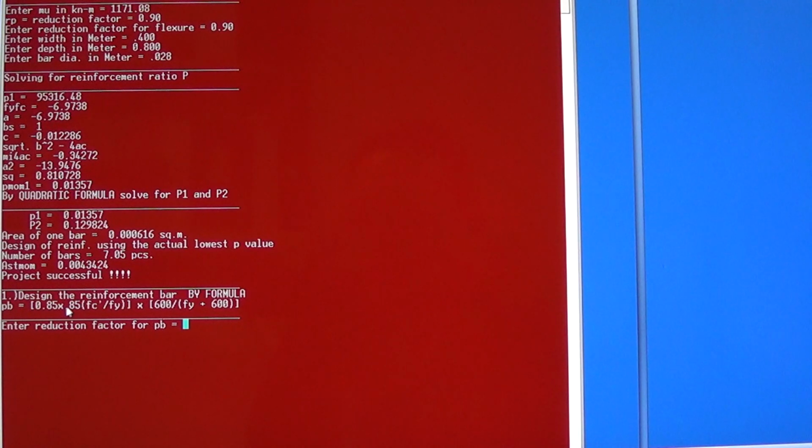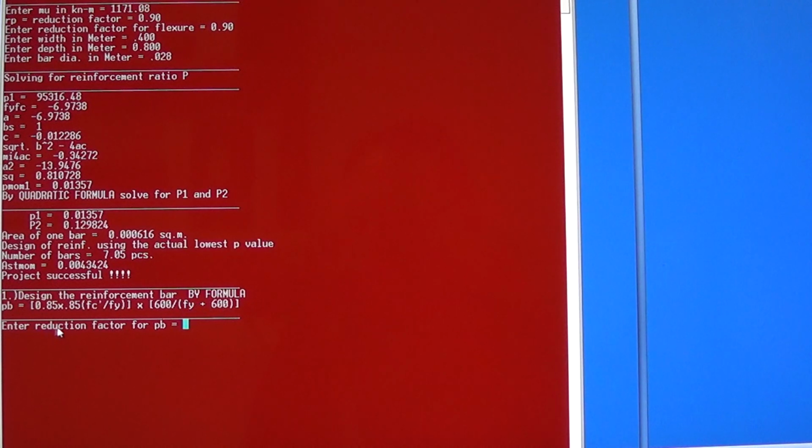Fc prime divided by Fy times, inside the bracket, multiplied by this equation inside the bracket as well. This is 600 divided by Fy plus 600.